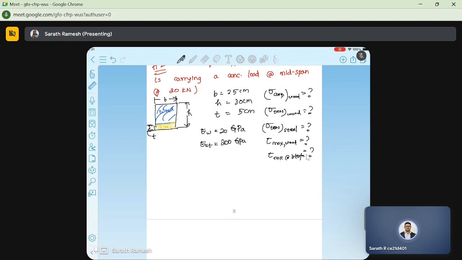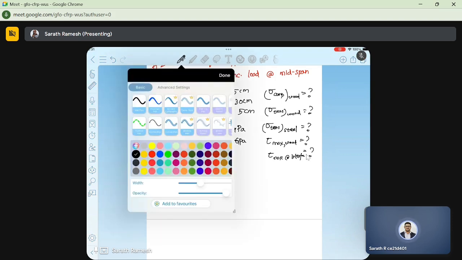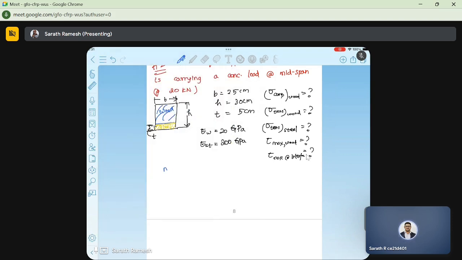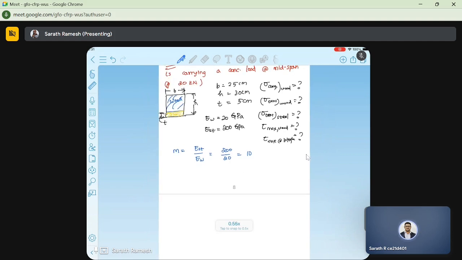Let's first convert them. The modular ratio m is the ratio of Young's modulus of steel to Young's modulus of wood. This is equal to 200 by 20, which is equal to 10. So this is the value of m.